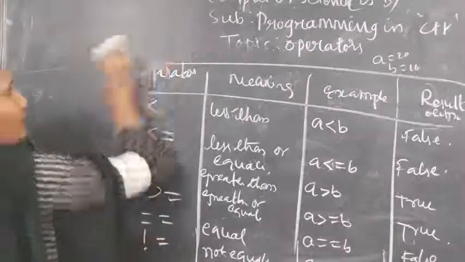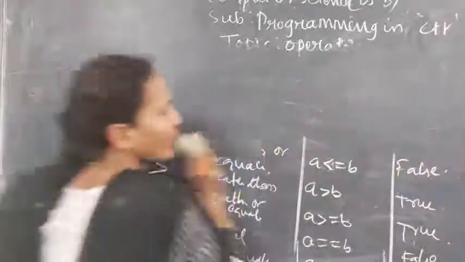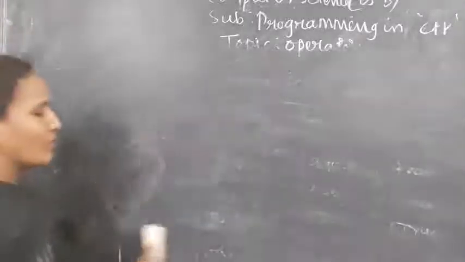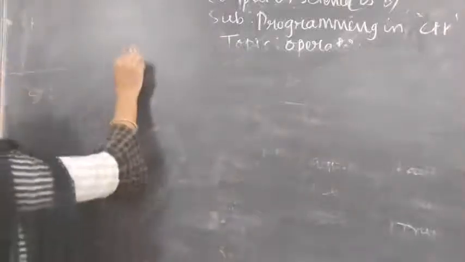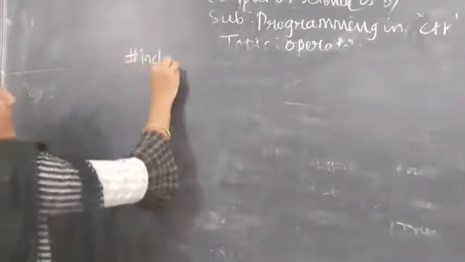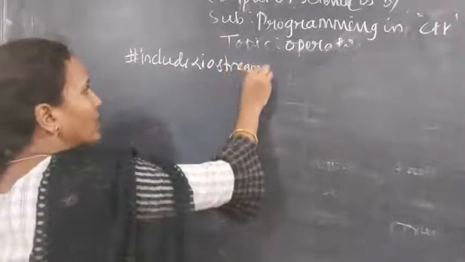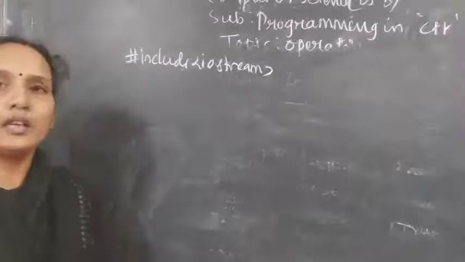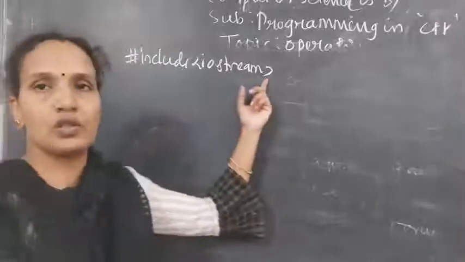Now let's build an example program. Again, the preprocessor command: include iostream. In case of C, we used to write stdio.h; in case of C++, we write iostream.